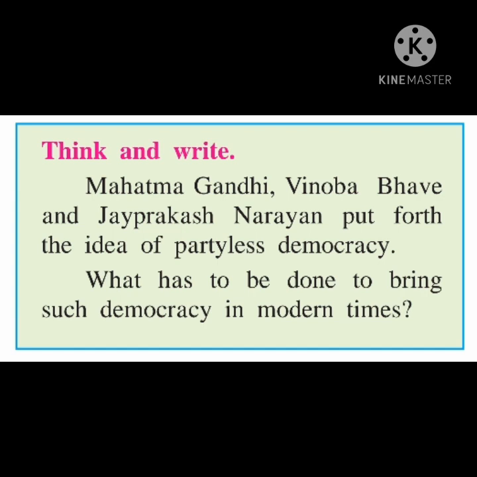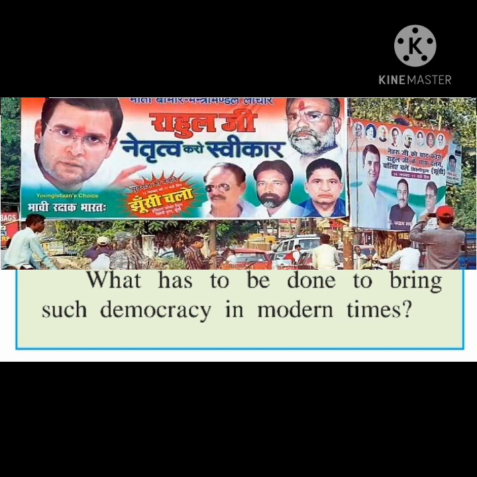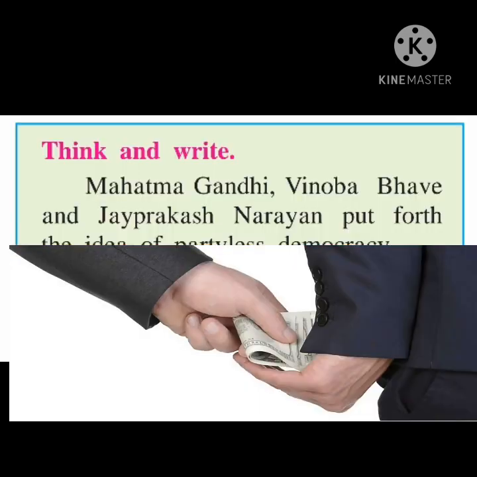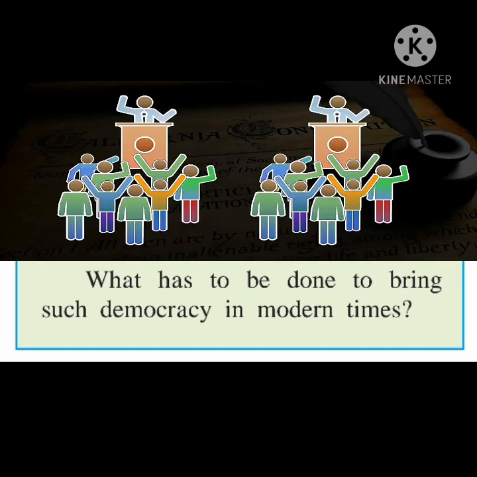First, let's see what partyless democracy is. Jai Prakash Narayan and Vinoba Bhave had seen the ill effects of the party system. Political parties fight to capture power, and engage in malpractices and corruption. The result of all this is that the real strength of people's power is never known. So the party system should be cancelled.